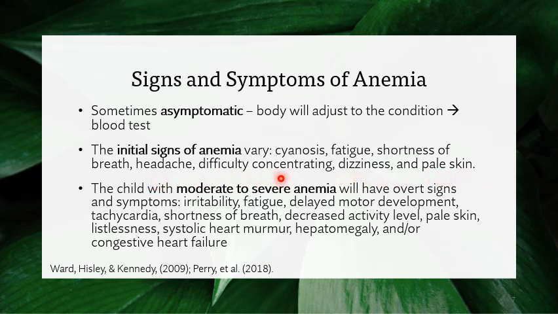In moderate to severe anemia, children will have overt signs and symptoms such as irritability, fatigue, delayed motor development, tachycardia, shortness of breath, decreased activity level, pale skin, and listlessness. We can also hear a systolic heart murmur because the heart is lacking blood and is trying to maintain the needs of the body. We can also have hepatomegaly, which can sometimes lead to congestive heart failure.